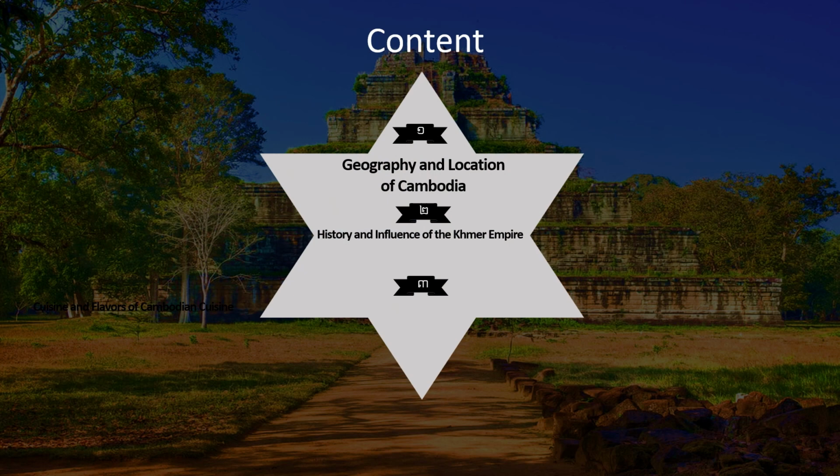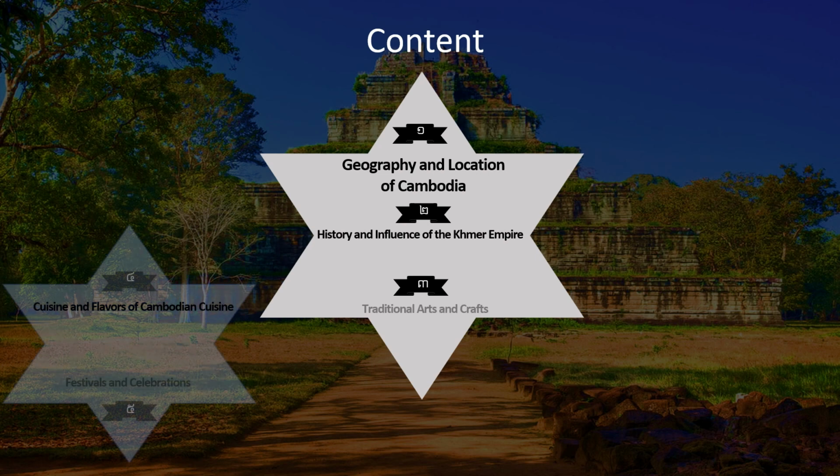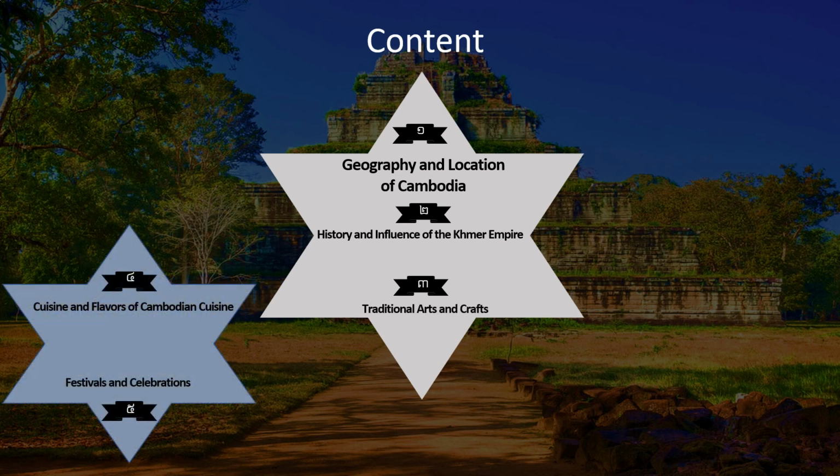Number one is geography and location of Cambodia. Number two is history and infographic of the Khmer Empire. Number three is traditional art and craft. Number four is customs and flora of Cambodia.